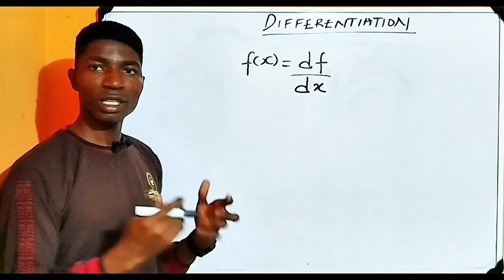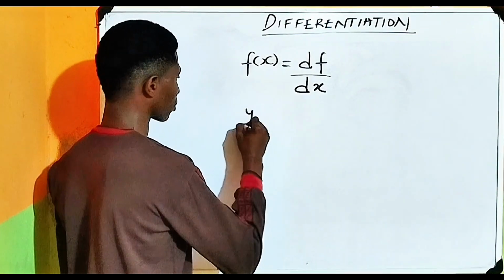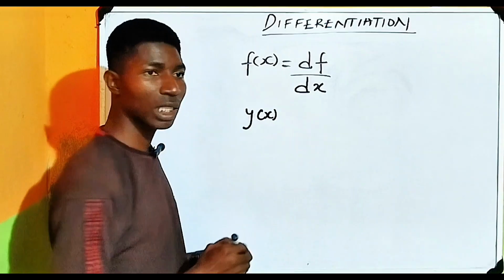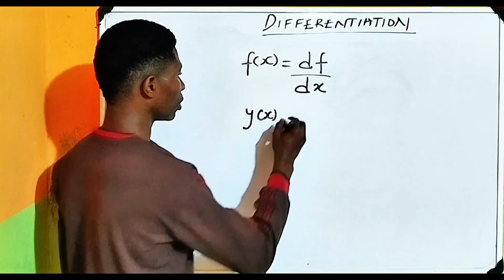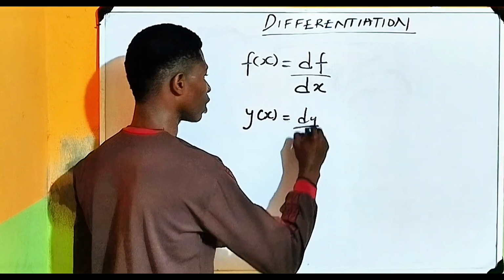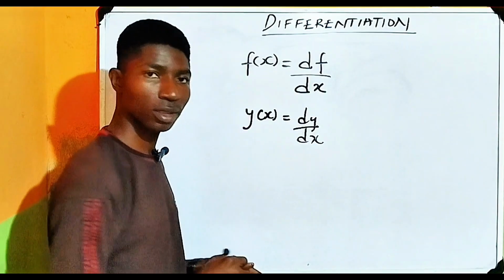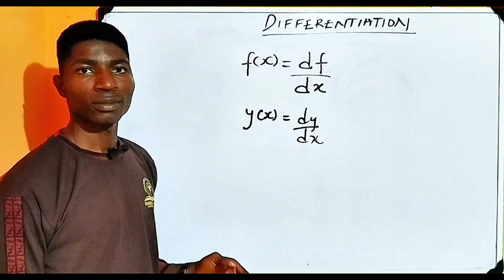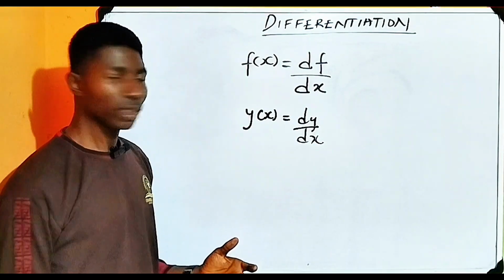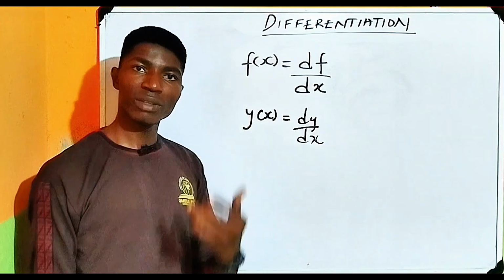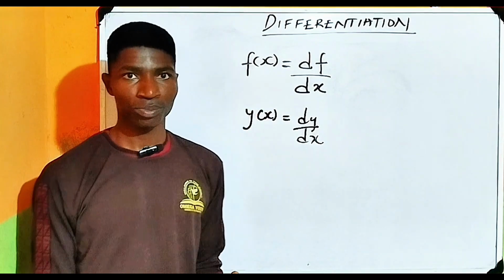Or, given a function y of x, to compute the derivative of this function, it is dy, changing y with respect to x: dy over dx. This is how to find the derivative of any given function.